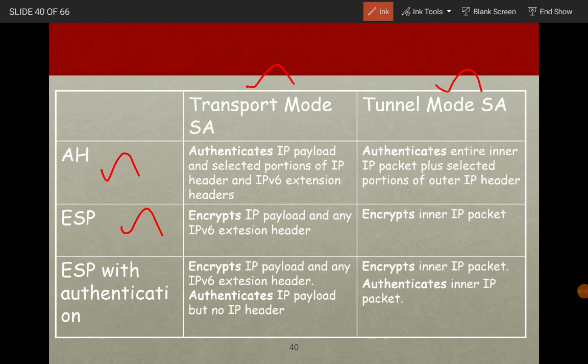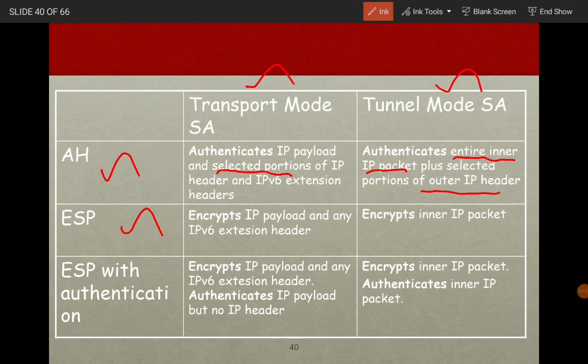Whereas in tunnel mode, it authenticates the entire inner IP packet, not just a selected portion. It authenticates the entire inner IP packet plus selected portions of the outer IP header. So that is how the authentication header works in transport mode and in tunnel mode.